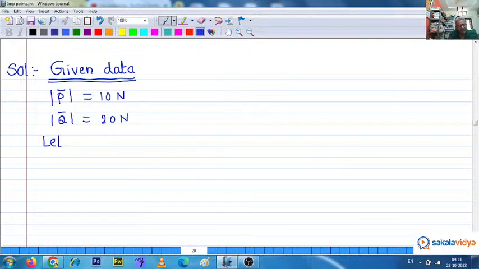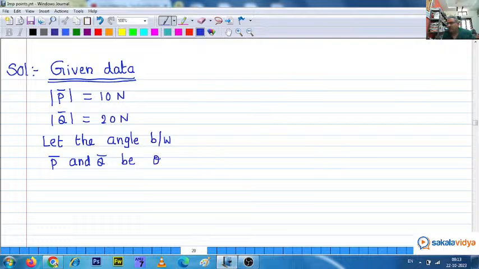Let the angle between P bar and Q bar be theta. Next, what shall we find out? We need to find out the resultant, that is mod R, the total force. And theta is equal to question mark.